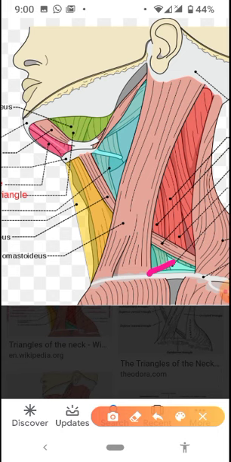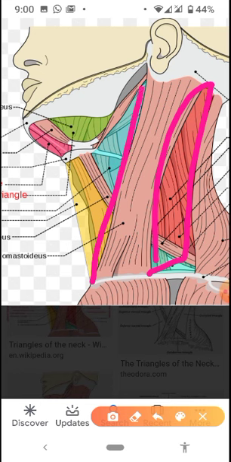This one is the posterior triangle and this one is the anterior triangle.